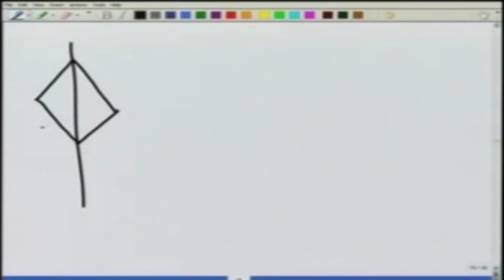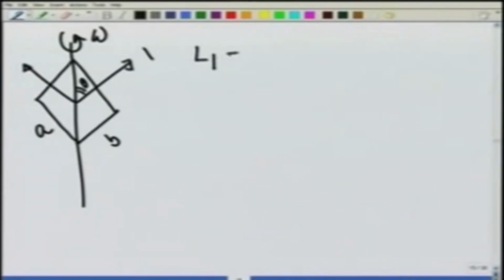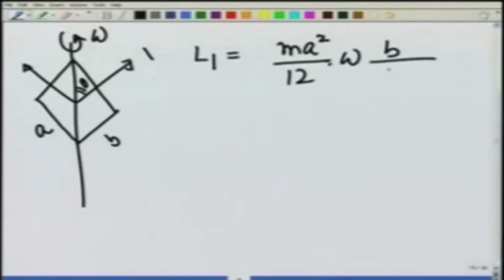This is how the plane is, axis 1, axis 2, this is theta, and this is rotating with omega, and therefore L1 comes out to be m a square divided by 12 omega cosine theta, which is b over square root of a square plus b square.